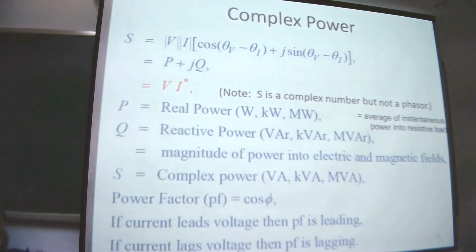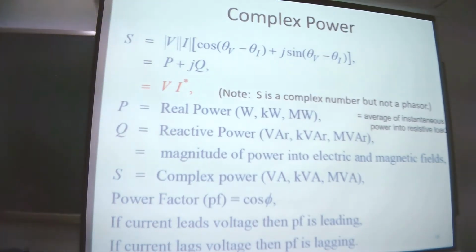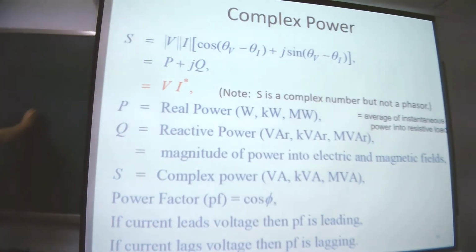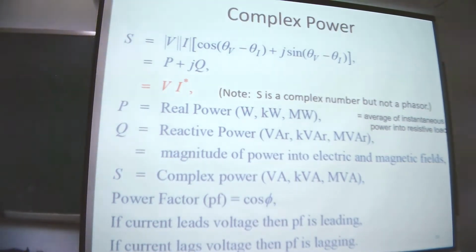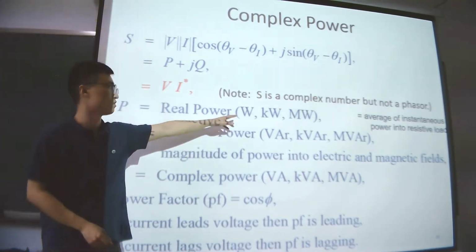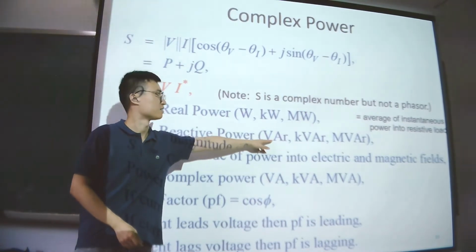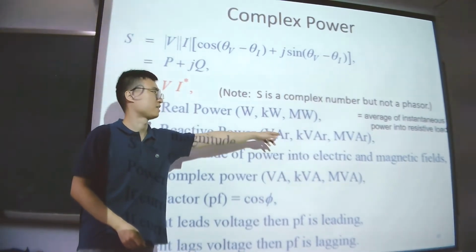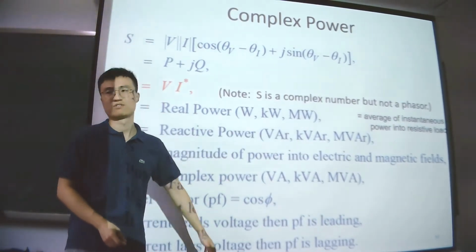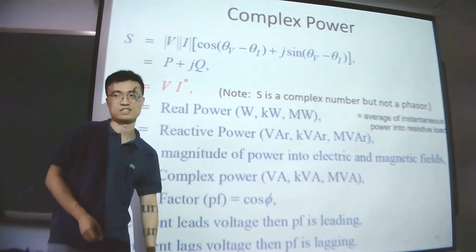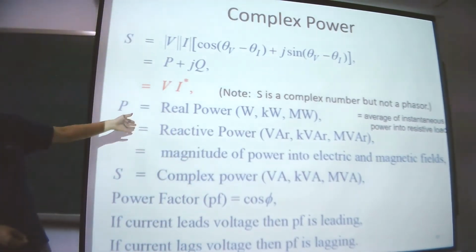P is the real power and Q is the reactive power, the imaginary part. Please pay attention that the units of the two are different: watt, kilowatt, megawatt for real power.